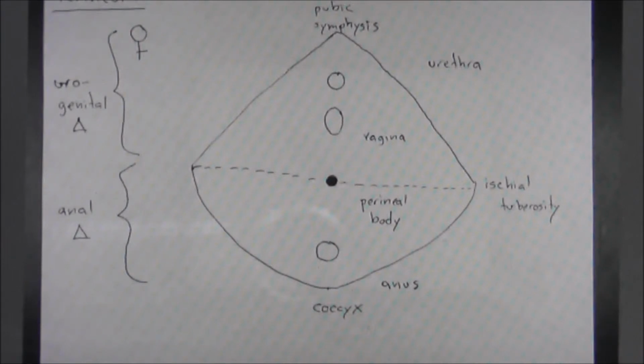And now let's bring it together and look at its function by drawing the muscles in, which I think would be good to contrast by switching colors. Let's go to red. And let's draw in these muscles that have attachment onto the perineal body.